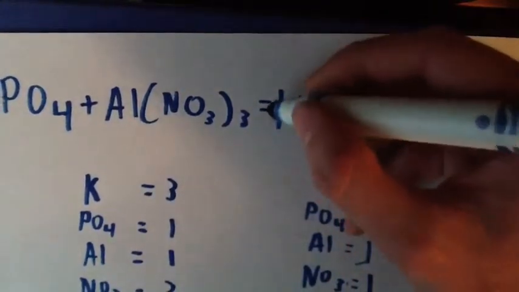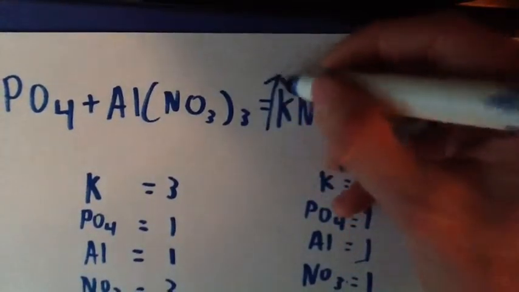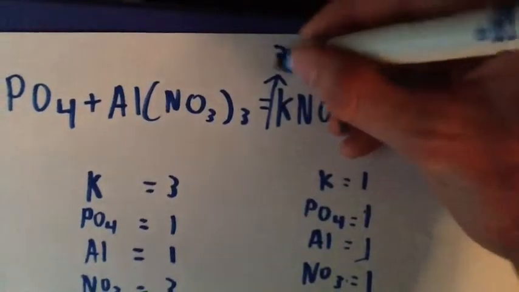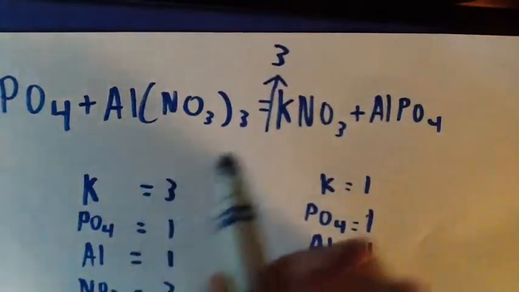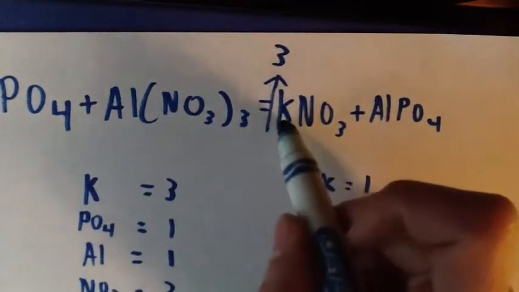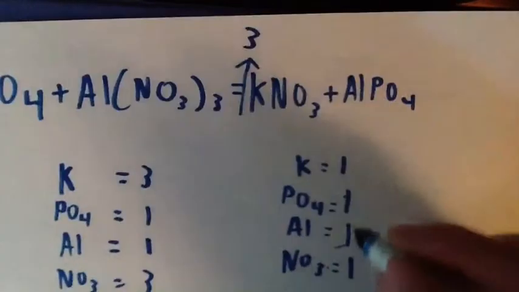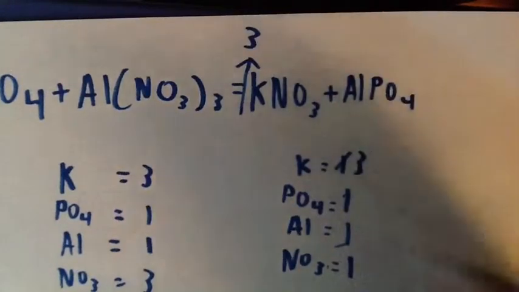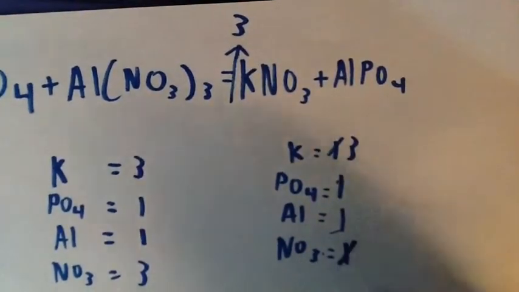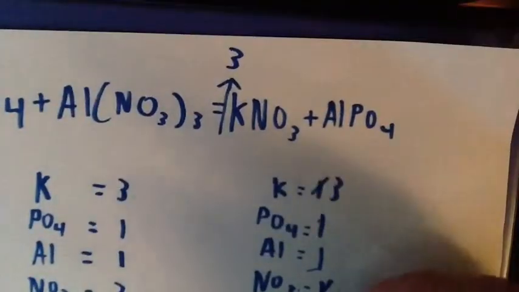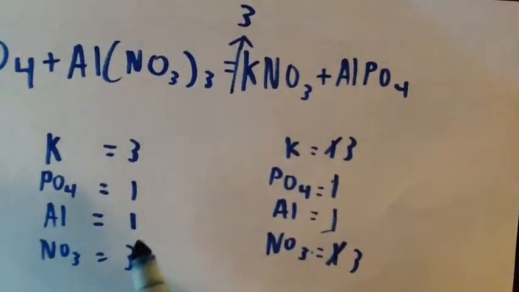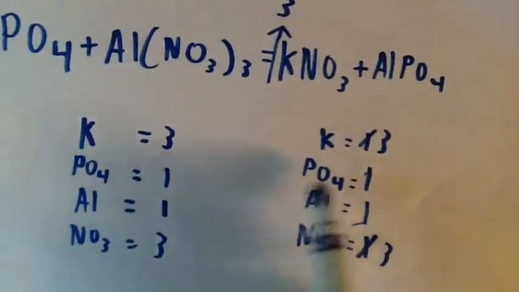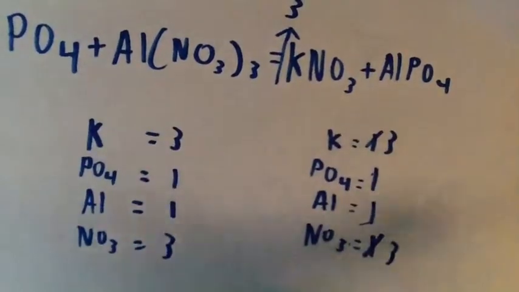All we have to do is add in a coefficient of 3 right there in this section, and that completely balances it. It makes this potassium a 3, and it makes this nitrate a 3 as well. Now we'll see that all the sides line up, which balances out our equation.